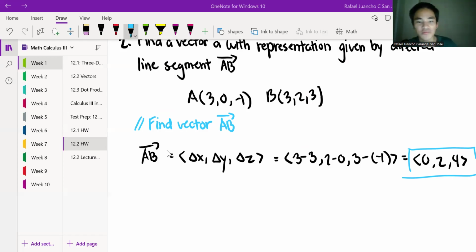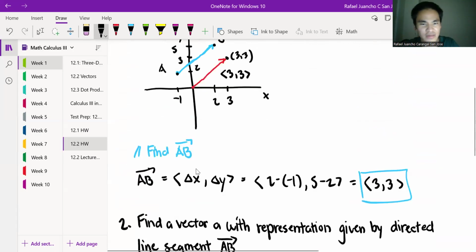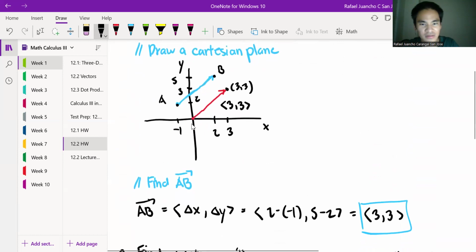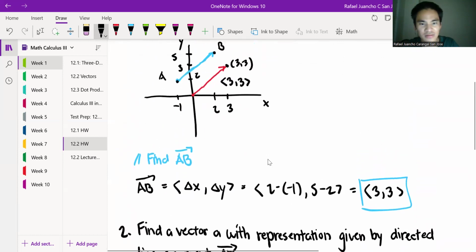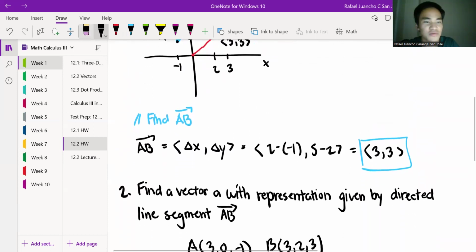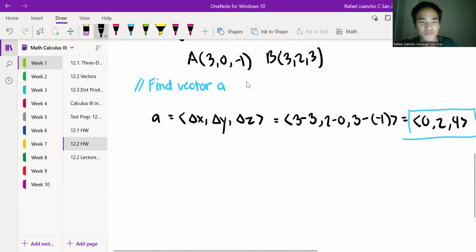Oh, wait, no, I'm wrong. This is not AB. This is vector A. I just realized. So this is A. This here is AB. Wait, am I tripping? Wait, no, they're both representations. No, I was right.